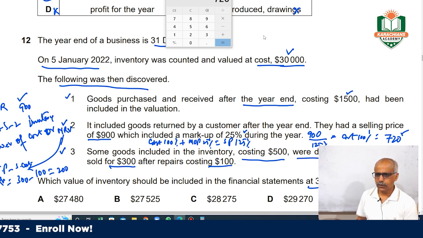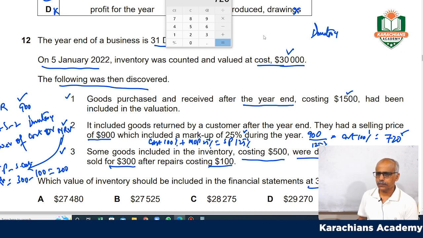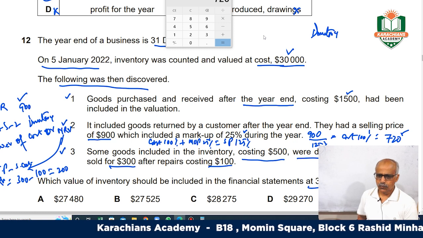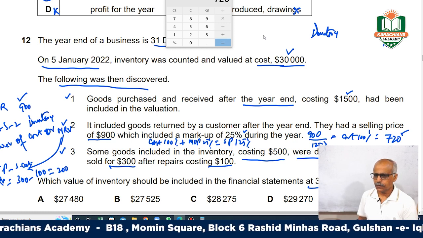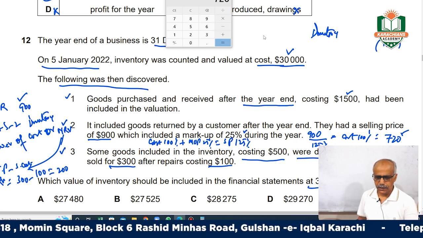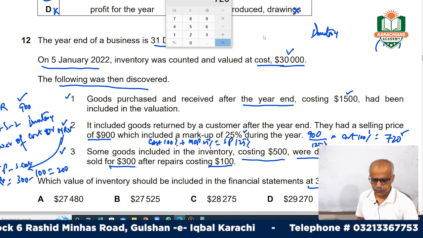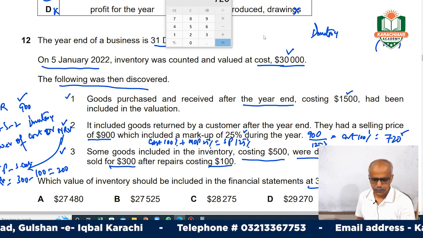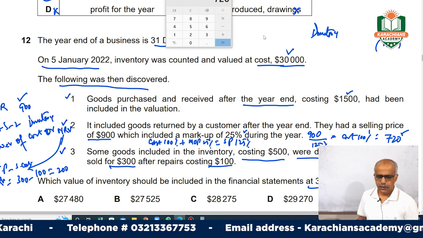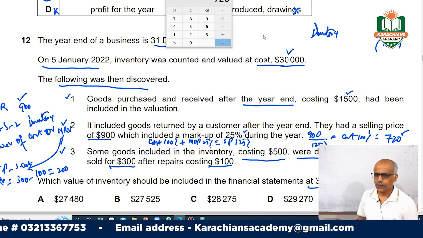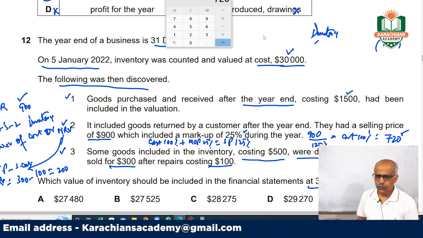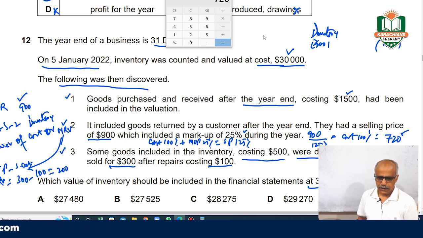So actually your inventory is 30,000. What you will do: 1,500 you will deduct for error 1.